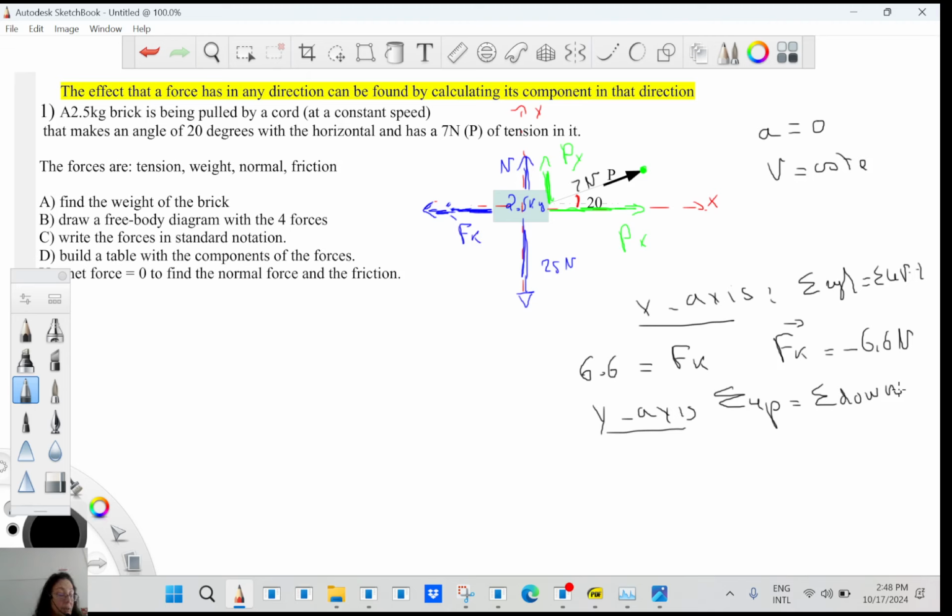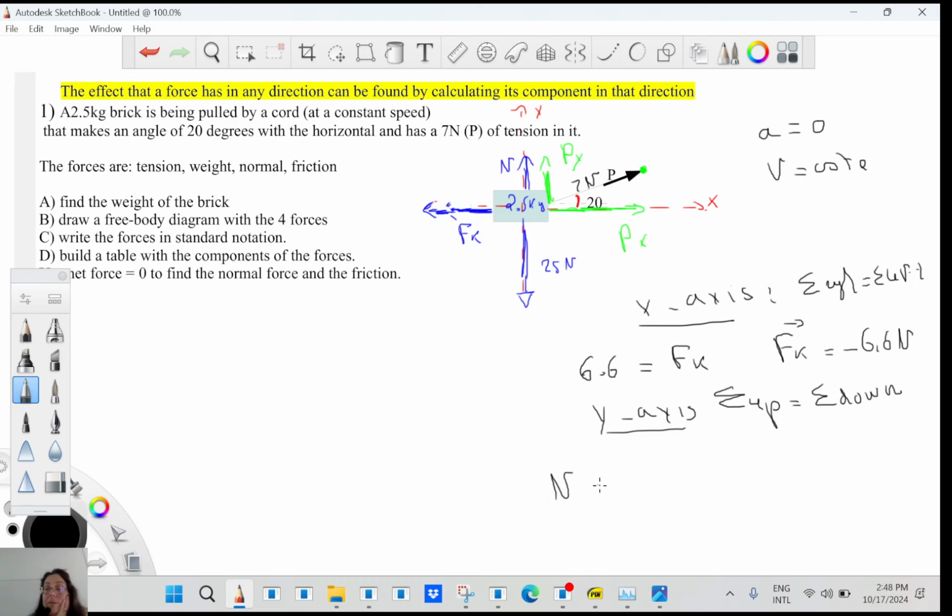I'm waiting. Just write it down. So you look at your diagram. Up you have the y component and the normal force, and down you have the weight, right?